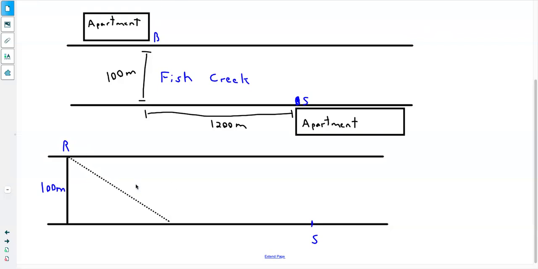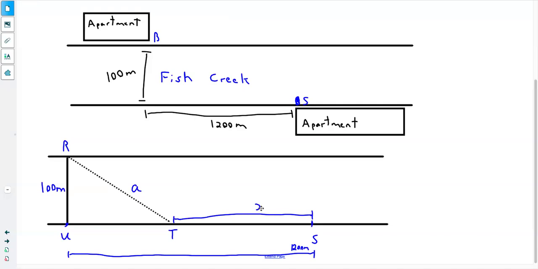I will call that for the time being A. I'll call this point over here U, where it's directly across. This point where it connects here, I'll call T. And essentially, we know this total distance was 1,200 meters. Which means if I call this distance X, that means that this would be 1,200 minus X.